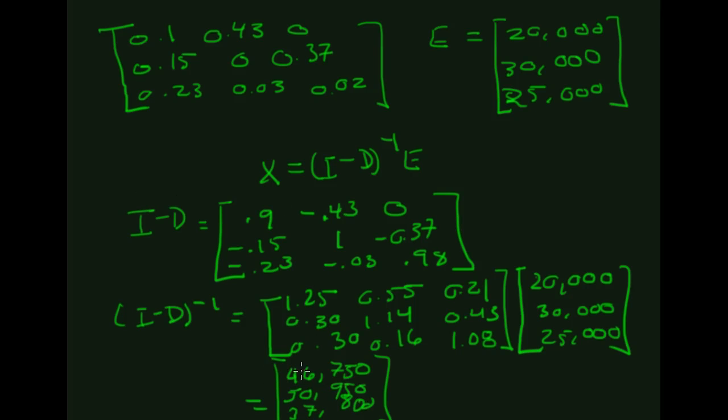So that means that if I drop this much money into each of these three segments of the economy, I will not only meet the internal demand of the economy, but will have this in surplus, which I can export and sell, and then hopefully bring back a profit and keep things going.